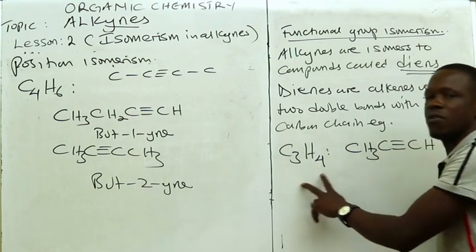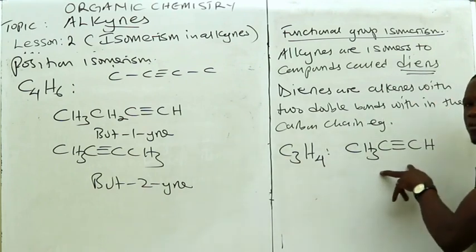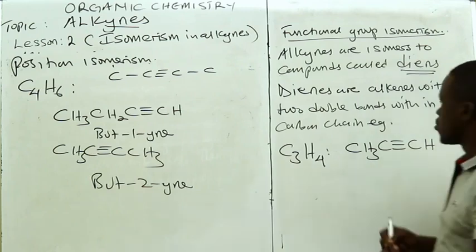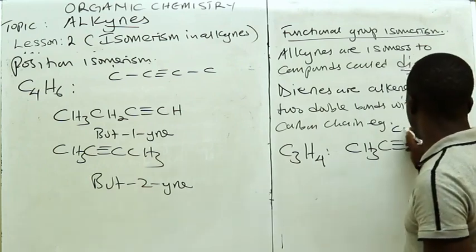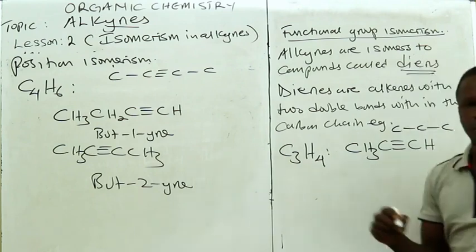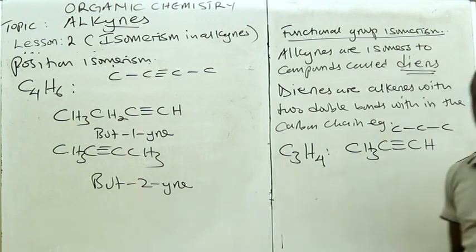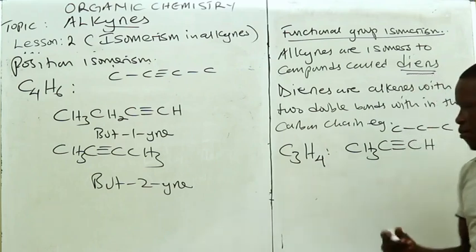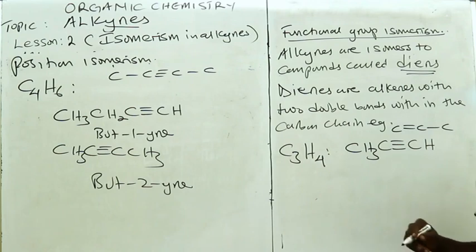And so that compound is a functional group isomer to this alkyne. So what are we going to do? If we have our arrangement of carbon atoms there, 3 of them as the molecular formula is saying, then we are going to put 2 double bonds. So 1 double bond here, another double bond is there.